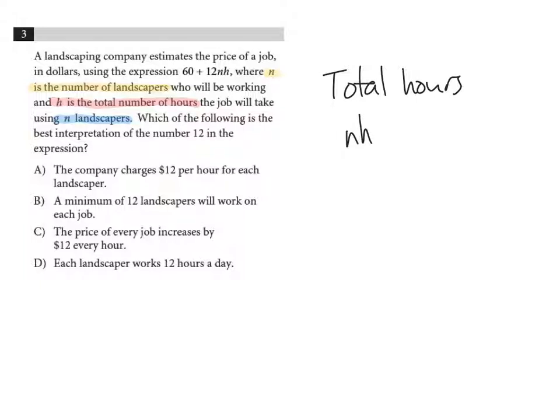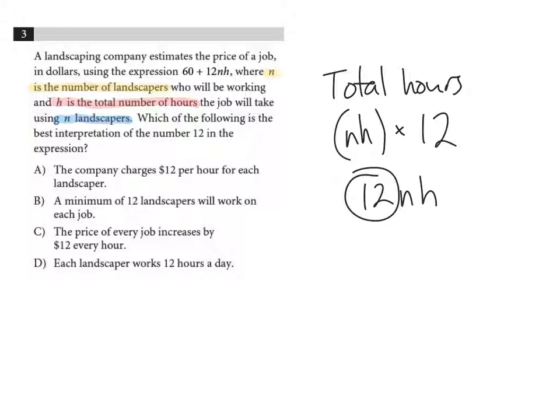And then if we want to figure out how much we're paying, how much it's going to cost for all of that time, we need to multiply this expression times the hourly rate. In this case, it looks like the hourly rate is 12. All right, so this expression 12NH is going to tell us the total cost of the job, while 12 is going to tell us the hourly rate for each landscaper. And that looks like answer A. The company charges $12 per hour for each landscaper.